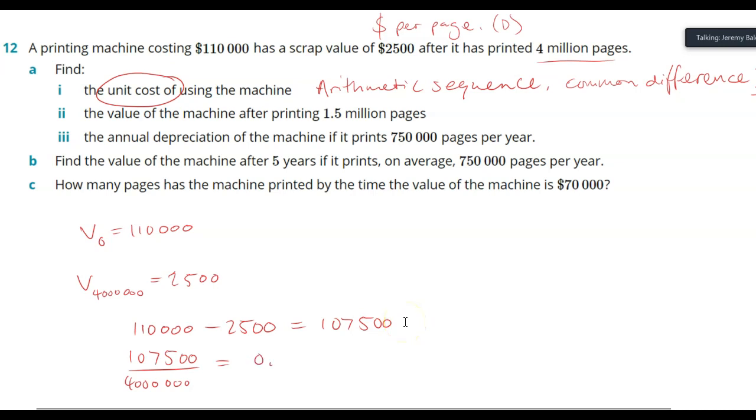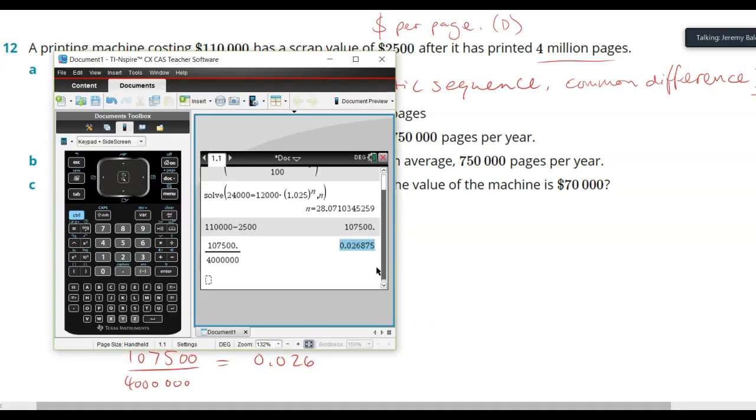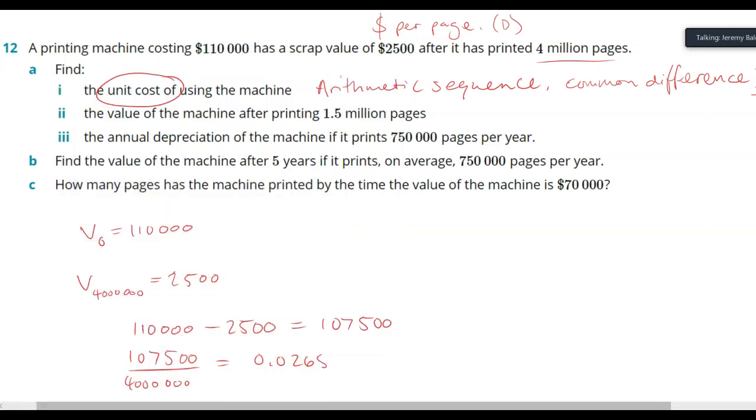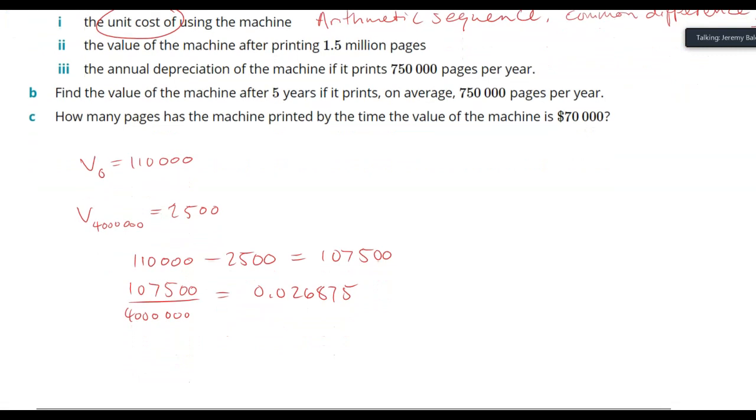So that comes out as 0.026875. Now we're doing a finance question, so everything should be in cents. So we're going to round to 2 decimal places. So that's basically 2 cents. Oh no, sorry, 3 cents. 3 cents per page. So I'm just going to write that in. So that's in dollars per page. So that's for part 1.